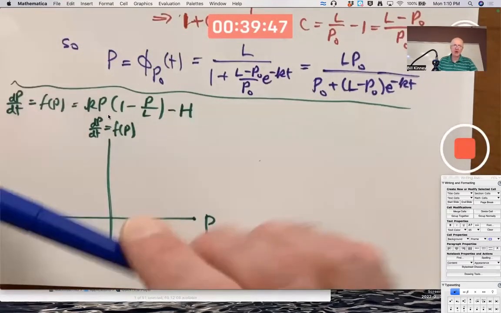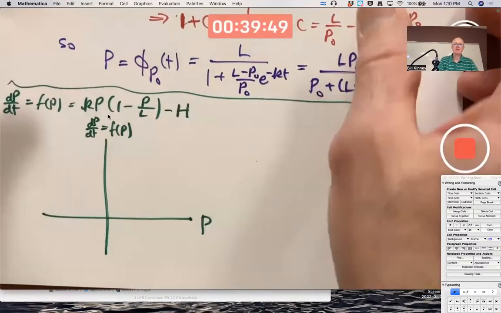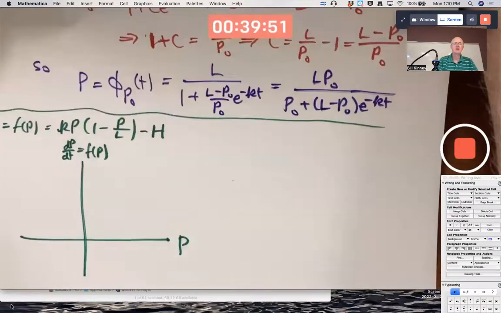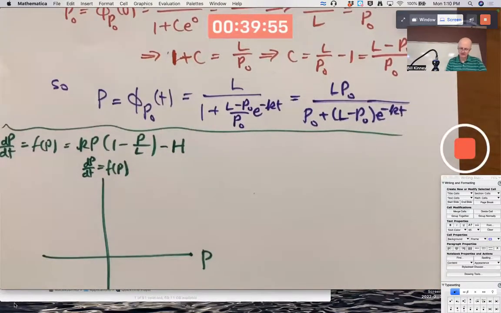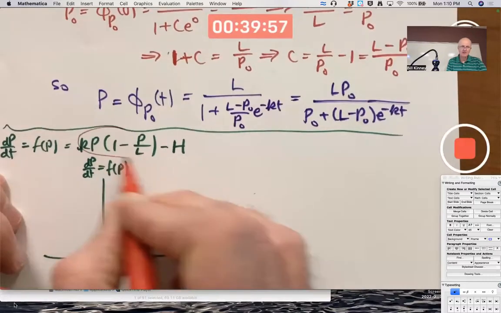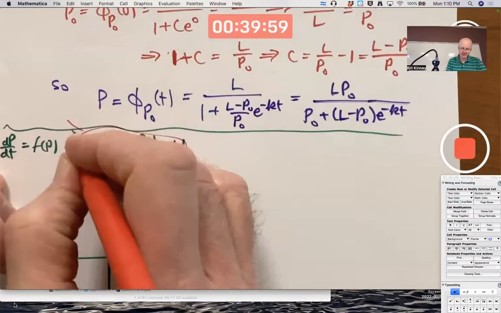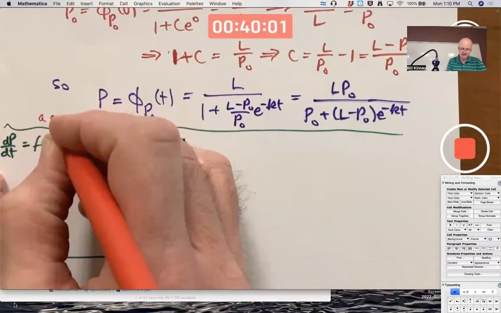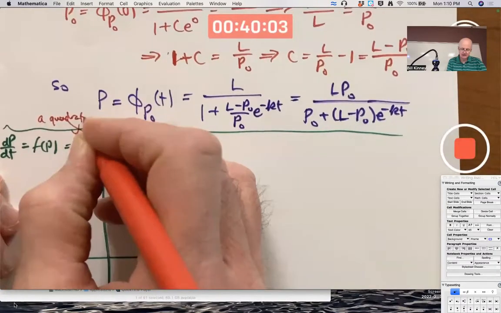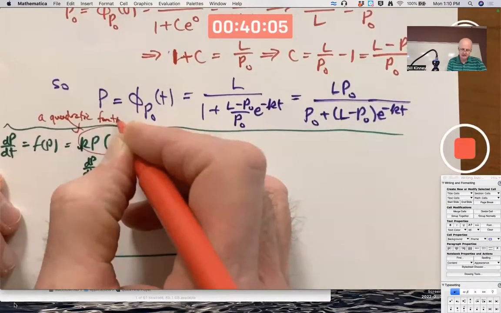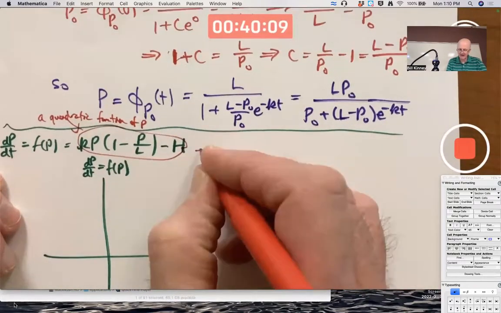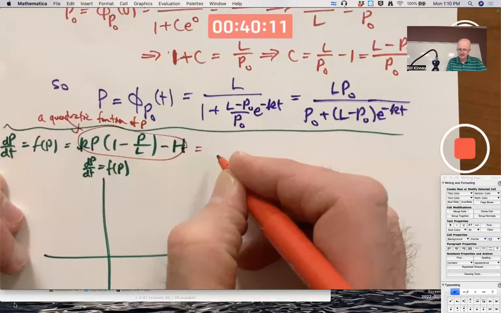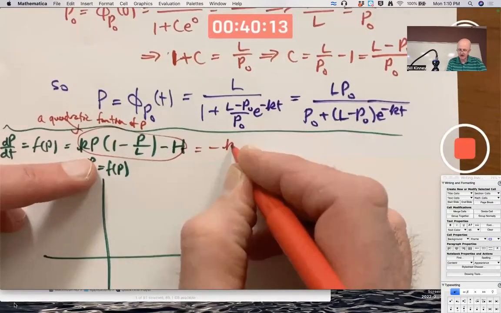When h is 0, well, even when h is non-zero, this is a quadratic function of p. For emphasis, you could multiply it out. The p squared term is going to be minus k over L times p squared.